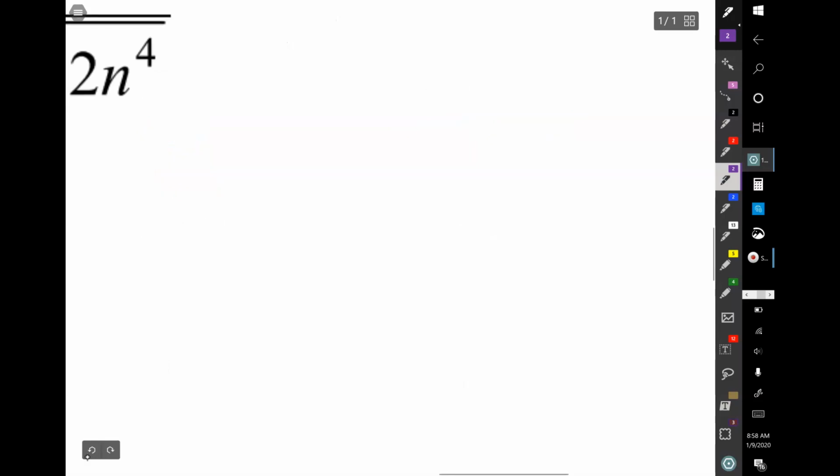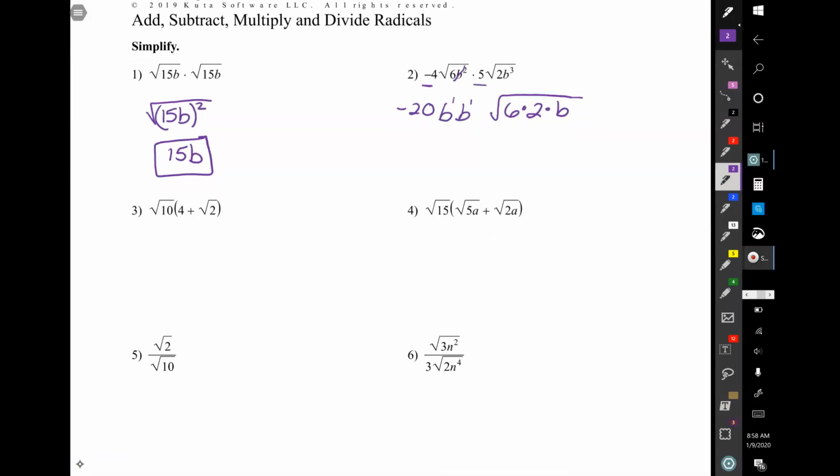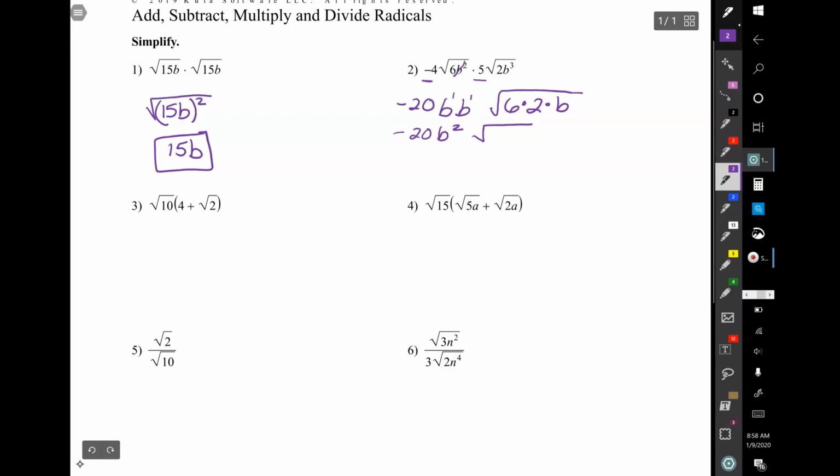And then I'm going to simplify further. Sorry about that. Sometimes my hand accidentally hits where the zoom is on this app. So we have -20b squared, and then inside here we have 12b. So we can actually simplify further. We can take that 12b and simplify. Go ahead and see if you can do that on your own.